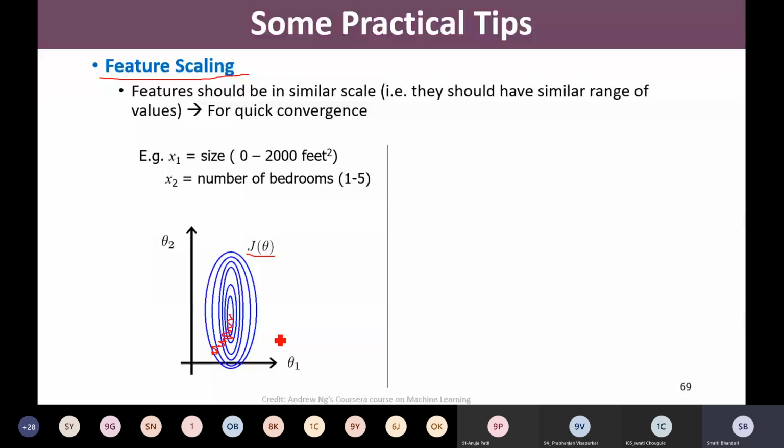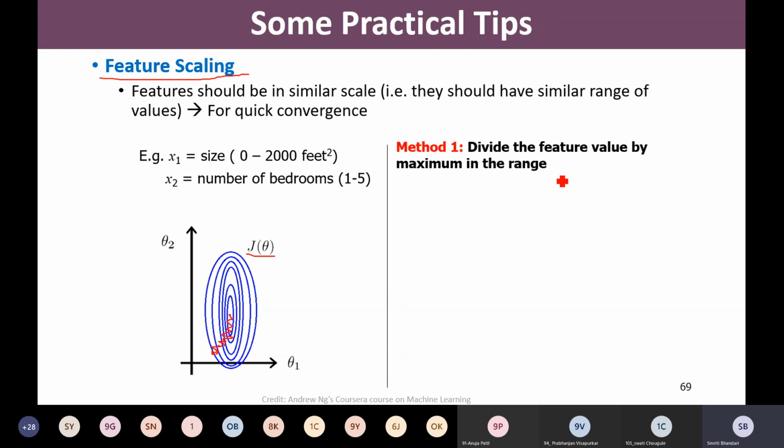If we want to avoid this and have our gradient descent converge quickly, we can apply method number 1 for feature scaling. We divide the feature value by the maximum in the range.